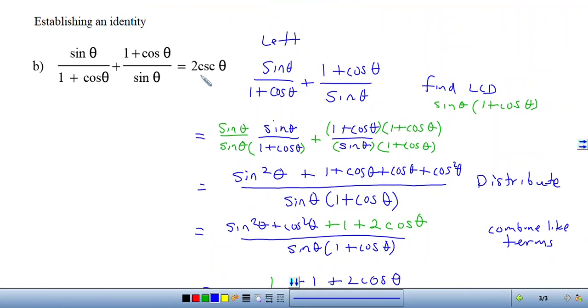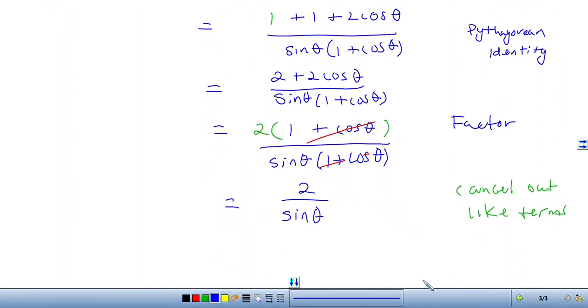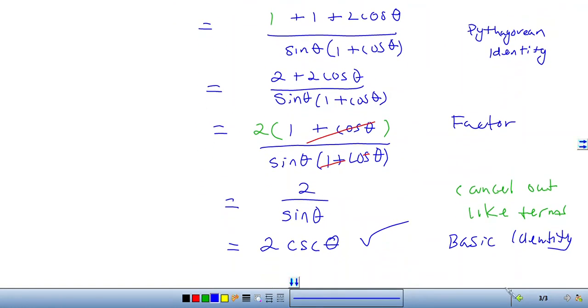It wants me to get 2 cosecant theta. So I have one more step to do. So that last step is using my basic identity, which is the reciprocal. The reciprocal of this is just 2 cosecant theta. So that is my right side. Alright, so we went from the left to the right. Let's check it one more time. I went from my left side, and I did arrive at my right side. Yep, that is it.